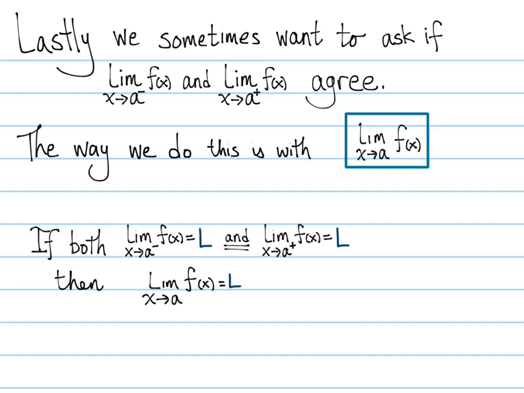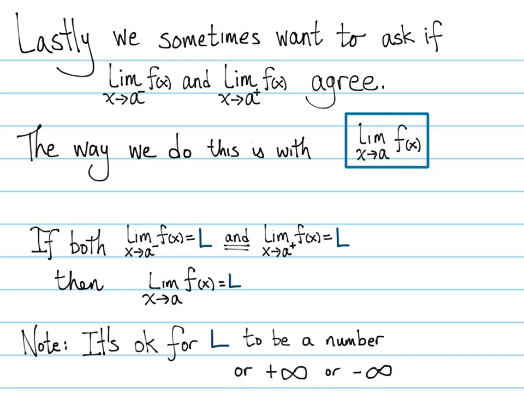The limit as x approaches a of f of x exists if the limit as x approaches a on the left is L, and the limit as x approaches a on the right is L for f of x. If they're the same value, then we say the limit as x approaches a of f of x is L. It's okay also for L not to be a number. L could be 2, but L could also be positive infinity, or negative infinity.